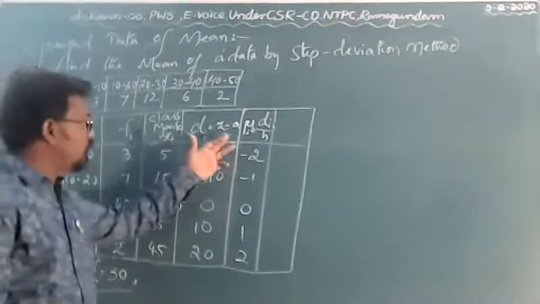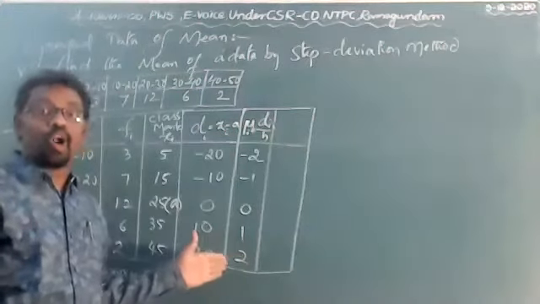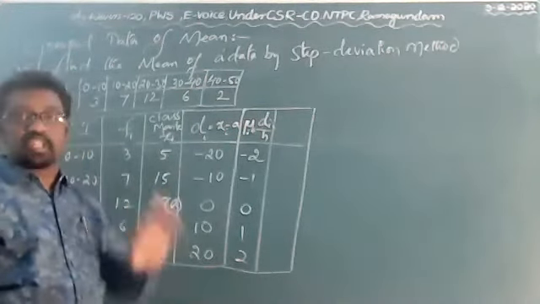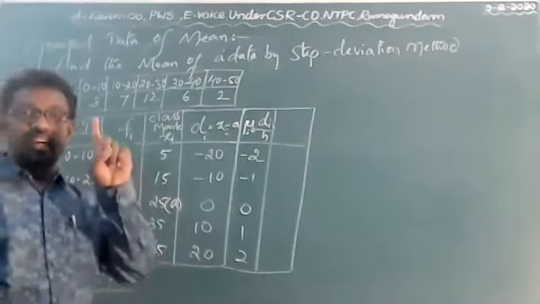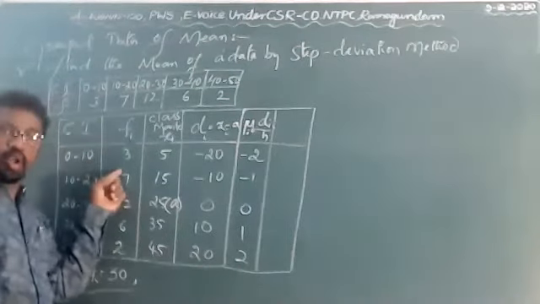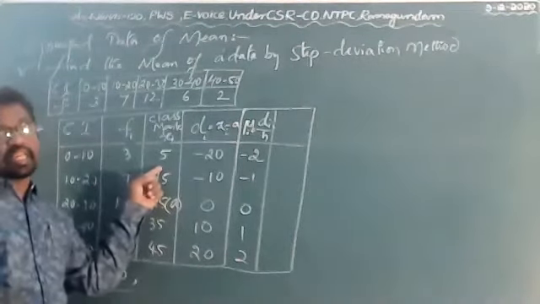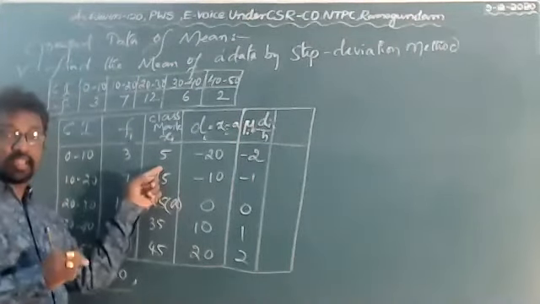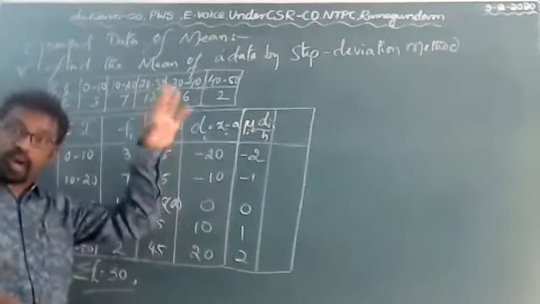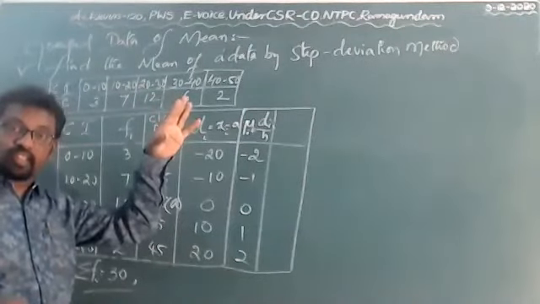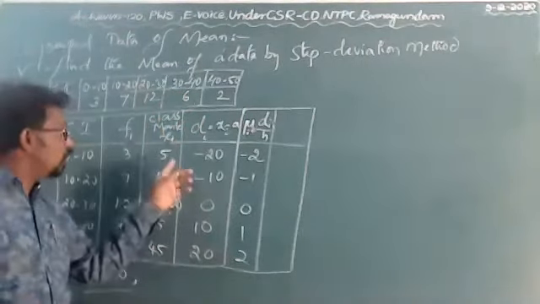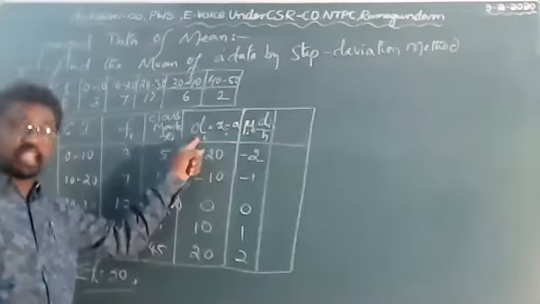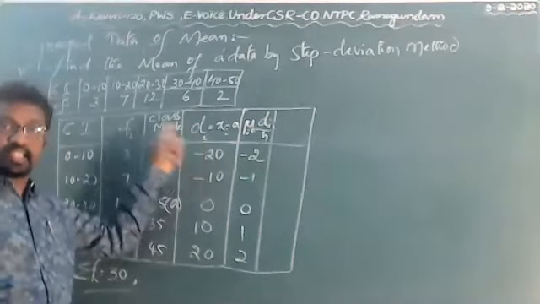What do we have to do? One more extra column you will get in step deviation method. In the direct method, these two columns you will give, one step will increase, that is x, then f into x we have to do. In assumed mean method, one more step is added, that is d, next f into d.